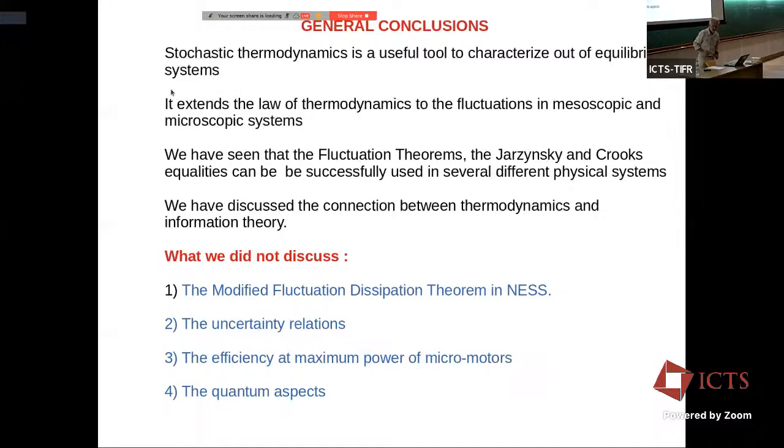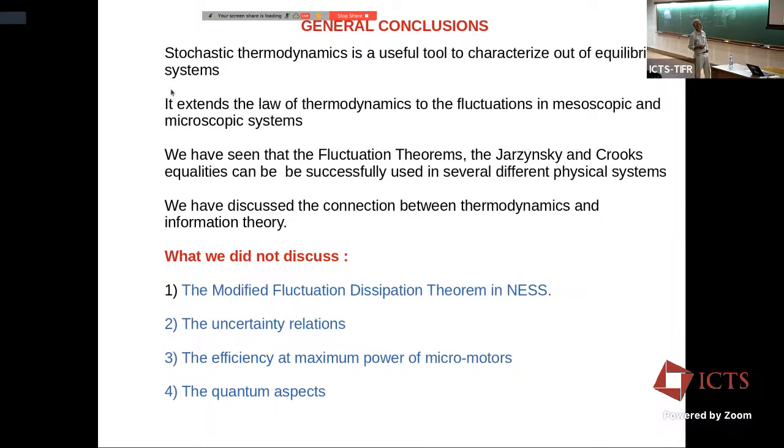Okay, so let me give you some general conclusions. I hope that I convinced you that stochastic thermodynamics is a useful tool to characterize out-of-equilibrium systems. Somehow it extends the laws of thermodynamics to fluctuations in mesoscopic and microscopic systems.